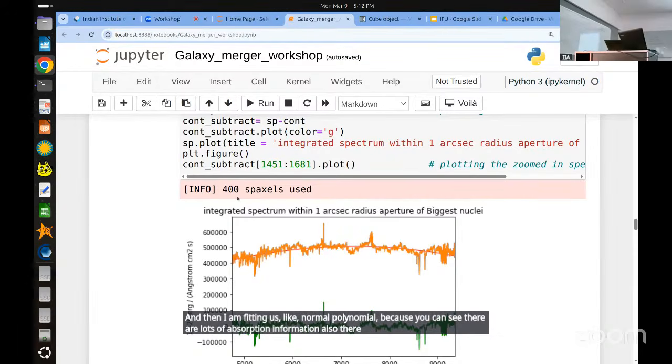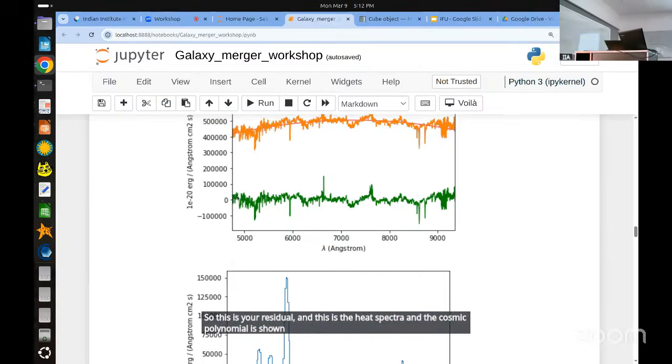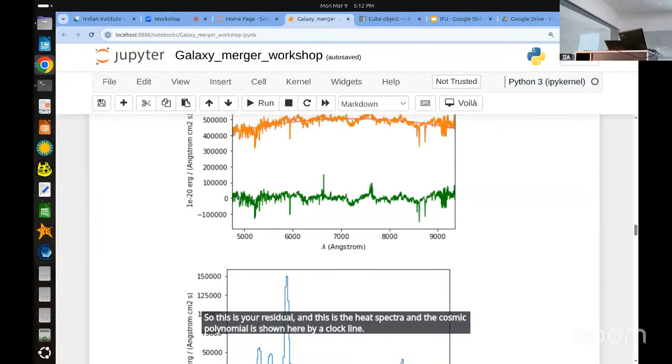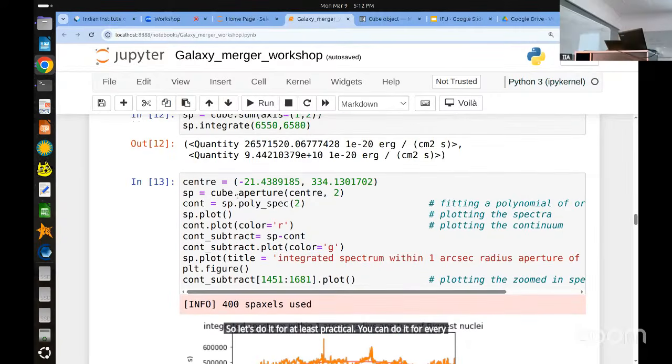Just to remove that, I am fitting a polynomial and then subtracting. So this is your residual, and this is the spectra, and the corresponding polynomial is shown here by a curved line. You can do it for every spectrum also. Here I am doing it for a region of 2 arc-second around the given center.